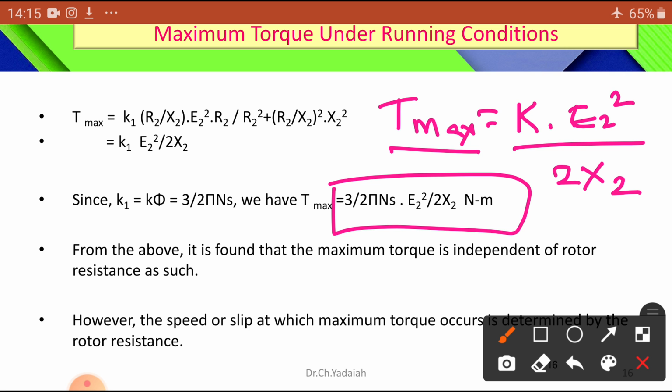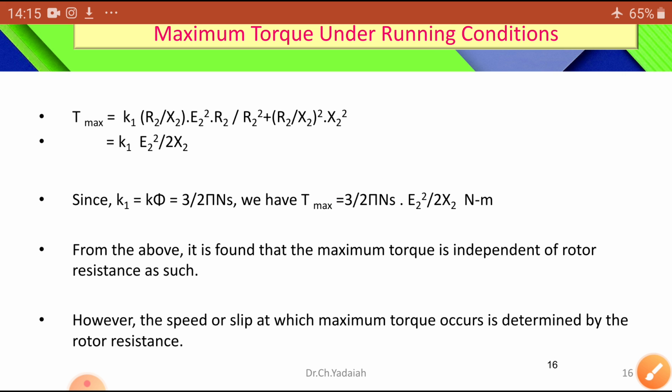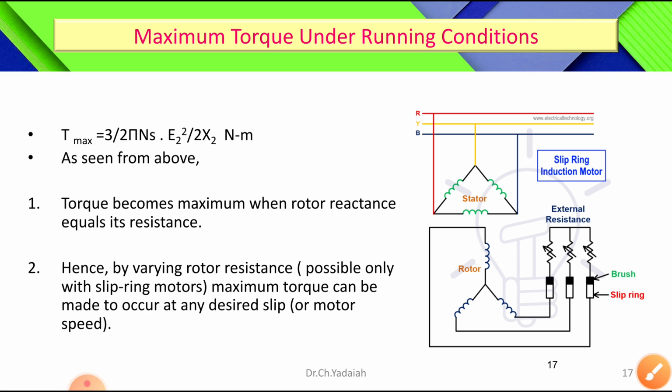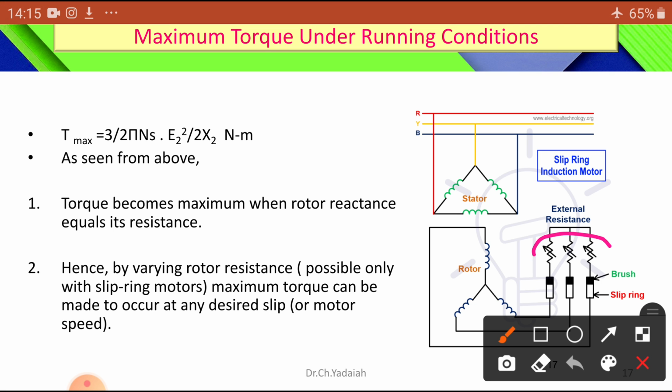Similarly, the torque becomes a maximum when rotor reactance is equal to resistance. Hence, by changing the resistance inside or outside the rotor through a rotor resistance starter, we are going to get the maximum torque in a slip ring induction motor.